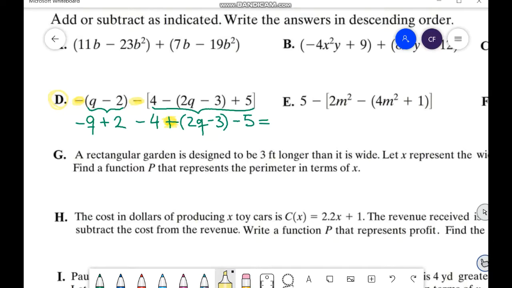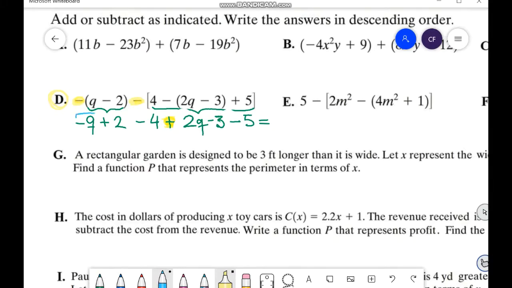Okay, so now we have a positive sign in front of the parentheses, and we can just get rid of this parentheses. We don't need it anymore, because when we have a positive sign, the signs will not change. They'll stay the same, right? So we can get rid of this parentheses and just combine the like terms.